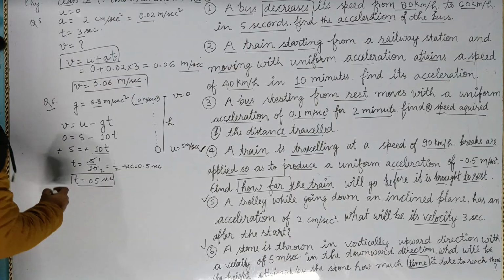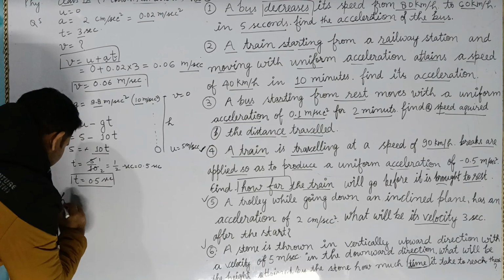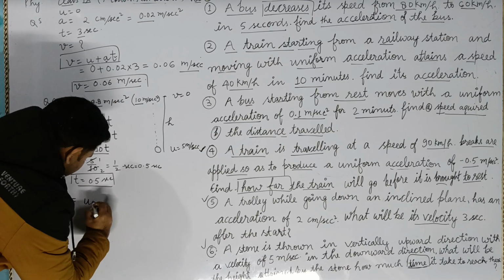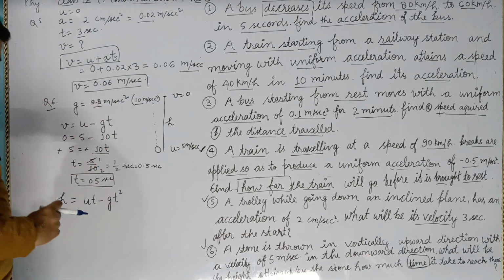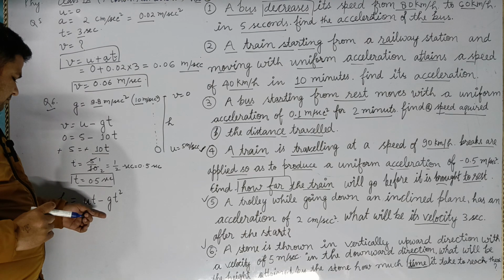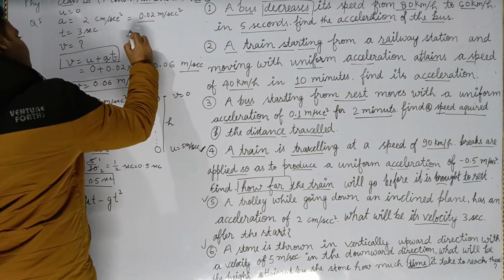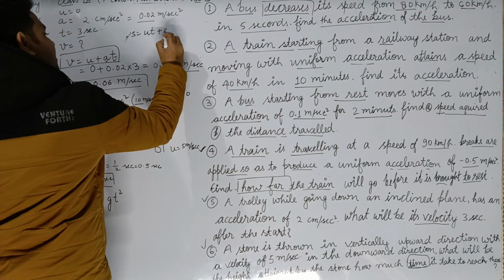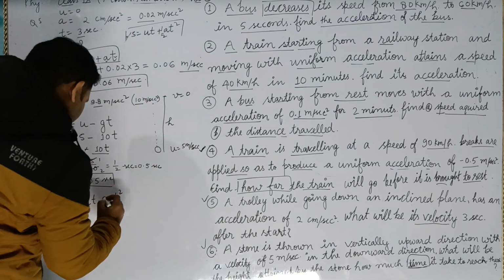In the upward direction, we find the height attained by the object. S equal to h equal to ut minus half gt square. It is the second equation of motion: s equal to ut plus half at square.